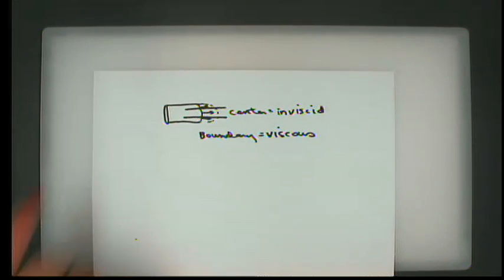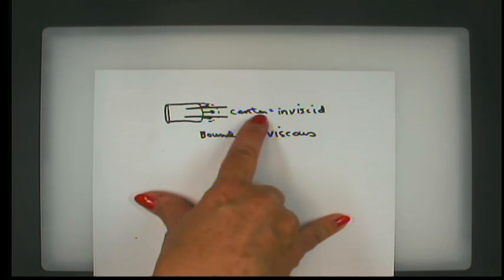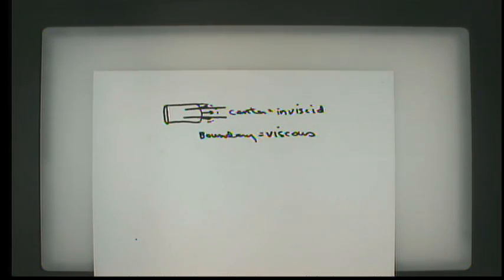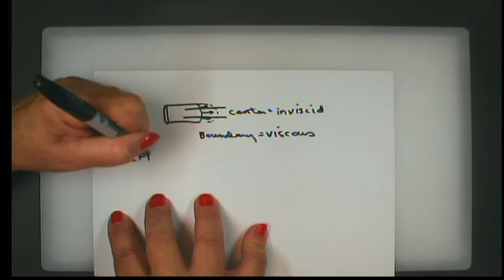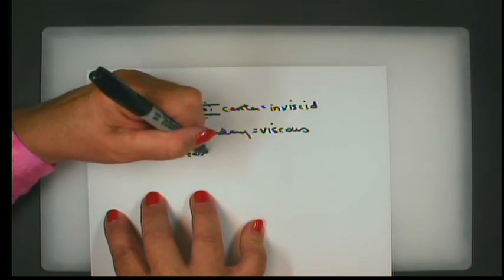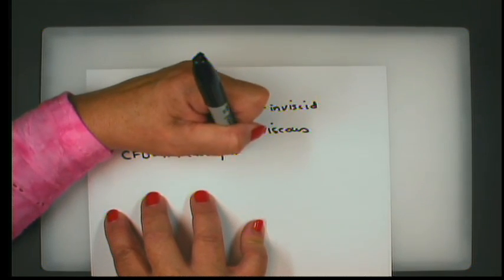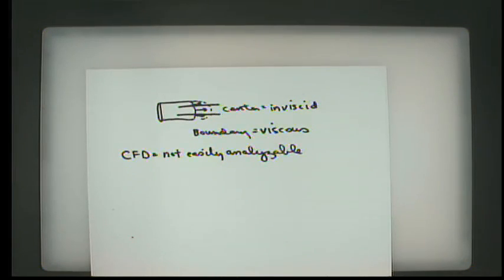So we can look at fluid flow from a fluid element kinematic point of view as having two different areas, one of which has a much more complicated mathematical construction or analysis than the other part. And once again, we are getting into this area which is referred to as computational fluid dynamics, which is not easily analyzable using methods of analytic math.